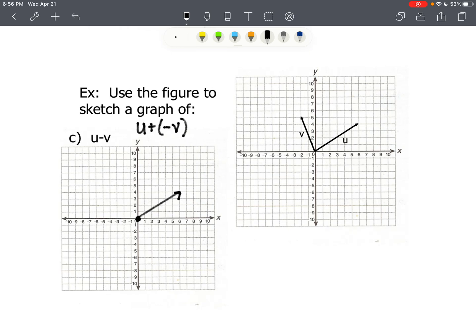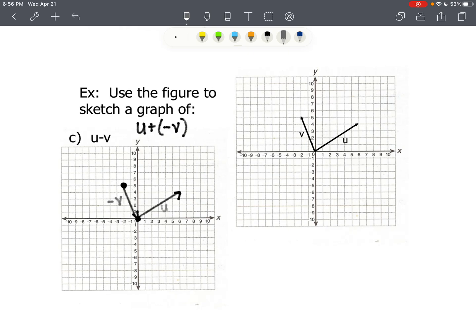And the opposite of v, instead of having an initial point at 0, 0 and a terminal point at -2, 5, is going to have an initial point at -2, 5 and a terminal point at 0, 0. And that's the opposite of v. So here we have u, and here we have the opposite of v.